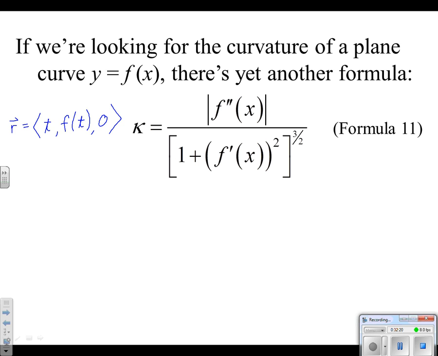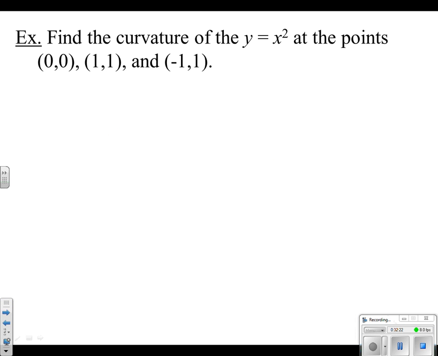So just to see what this looks like, find the curvature of y equals x squared at these 3 points. So of course there's f. F prime would be 2x, and f double prime would be 2.